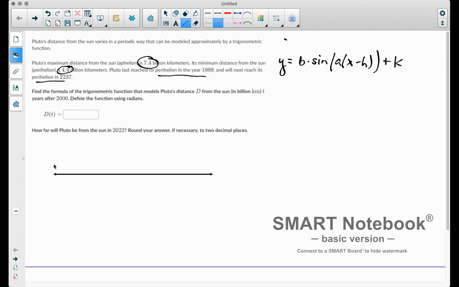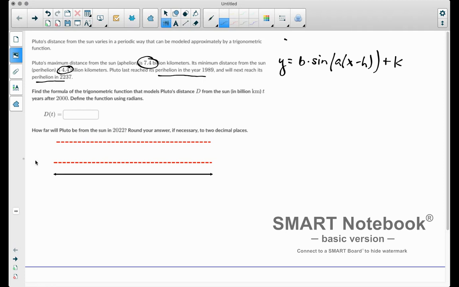This is the minimum, 4.4, and up here is the maximum it's going to reach, 7.4. So we go from 4.4 up to 7.4, and they gave us two times.